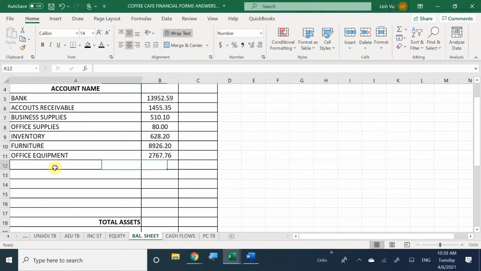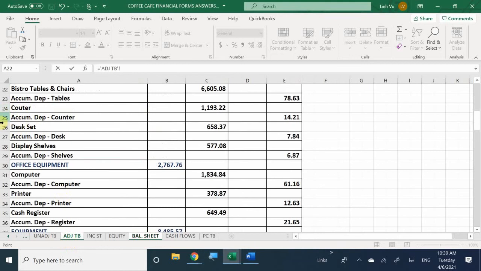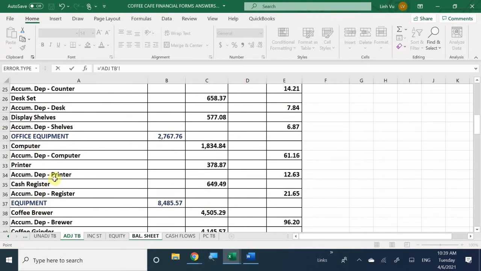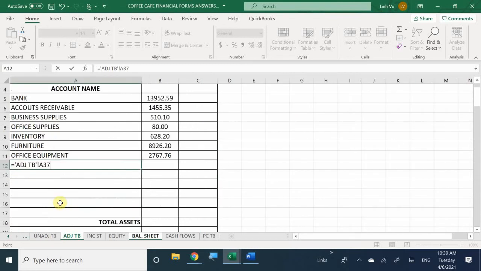What's my next account? Equipment. Office equipment, yes, here it is.